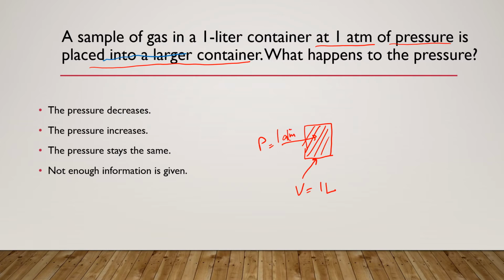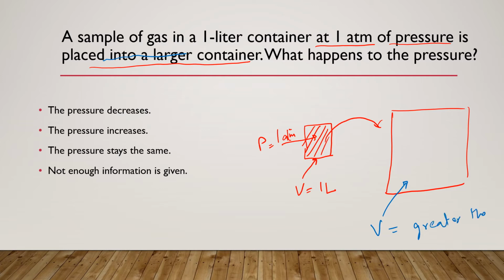Now this gas is transferred to a bigger, larger container. Okay, so as we can see, the larger container means V is greater than 1 liter because it's more, right?